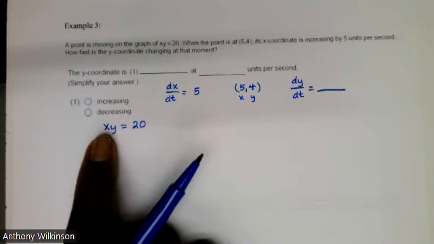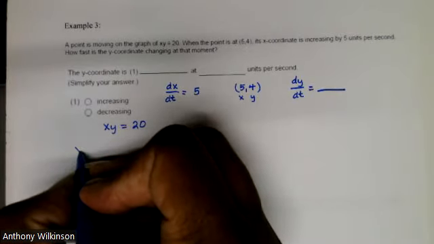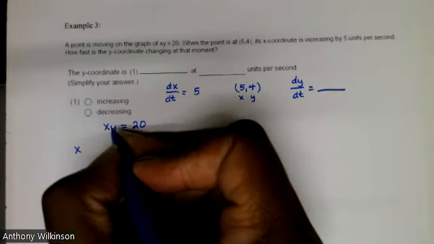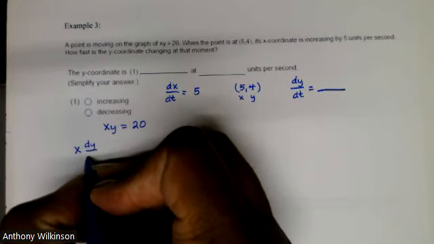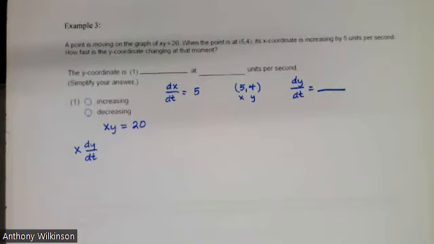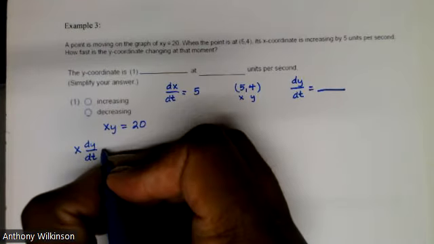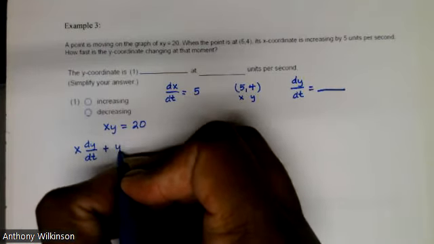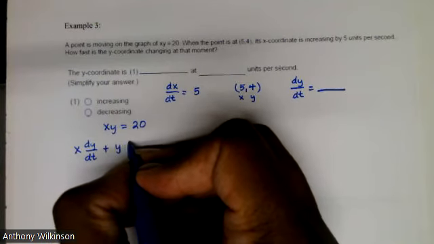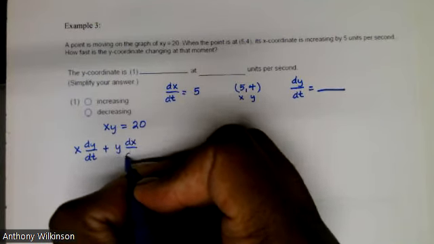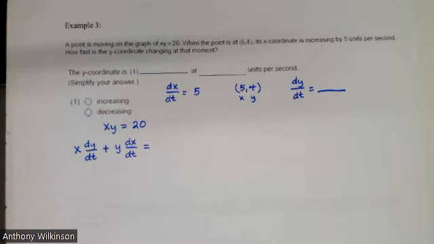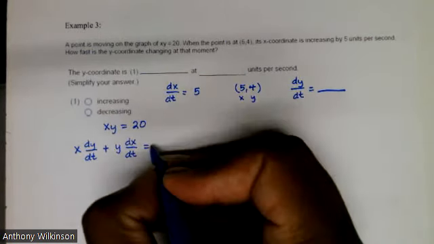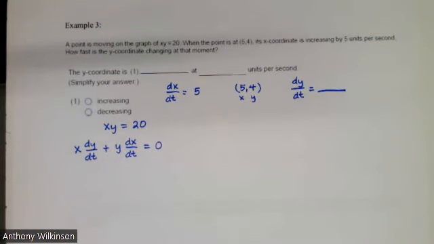So using the product rule, the first term is your x times the derivative of y, which will be 1, but it's going to be dy/dt since we're differentiating with respect to time, plus the second, which is your y, times the derivative of x, that's going to be dx/dt. x is also being differentiated with respect to time. And that's equal to the derivative of 20. Of course, that's going to be 0.